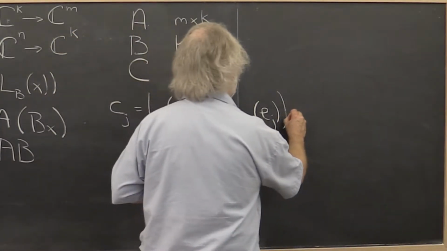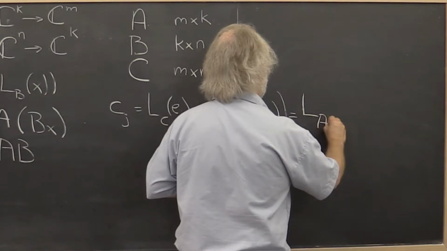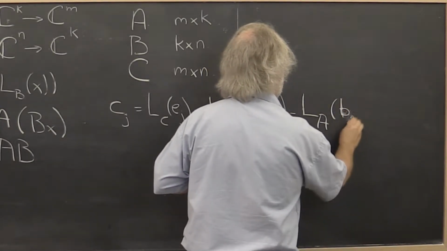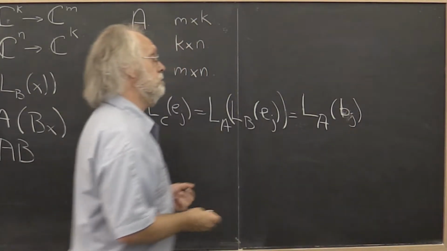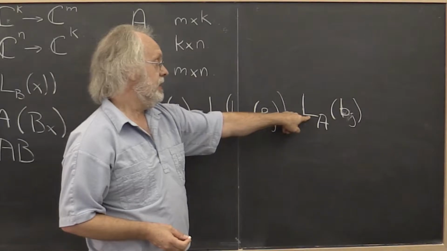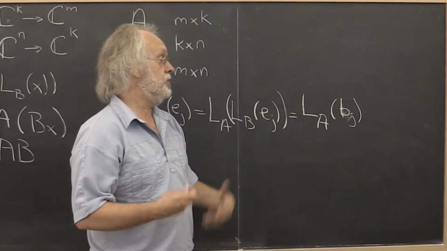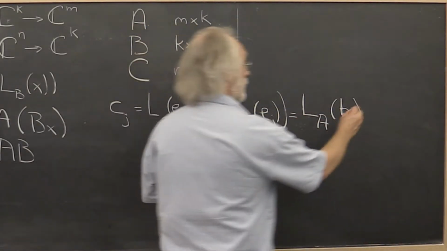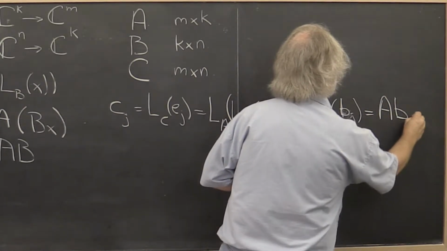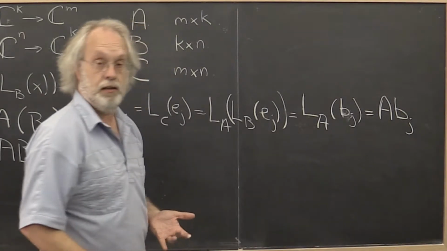So this here is equal to LA applied to the jth column of matrix B. And how can we represent LA applied to the jth column of B? That is just matrix A times the jth column of B as a vector.